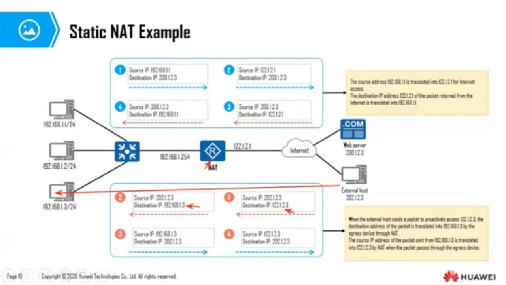Then if this guy wants to reply, the destination is going to be the public address, and the source its own private IP address. When it gets to the egress device, the egress device changes the source to a public IP address using that table that we've just seen. And the destination, of course, remains the same, which is the IP address of the external host. So that is how communication is facilitated both ways. Anyone with a question about this?